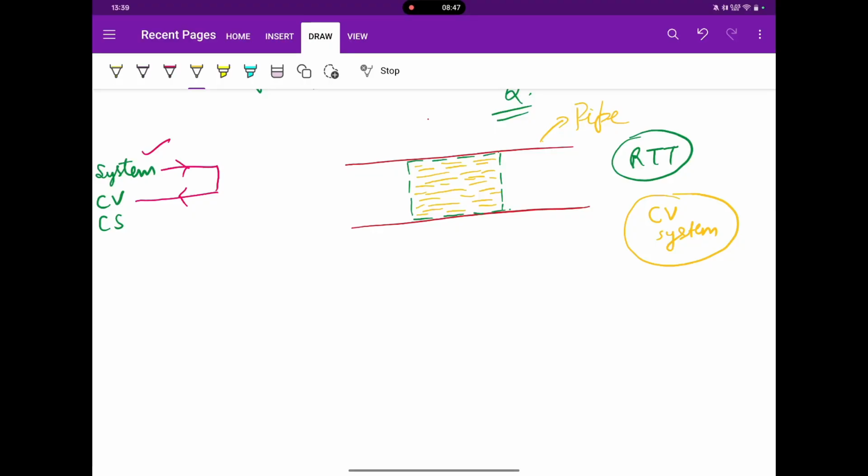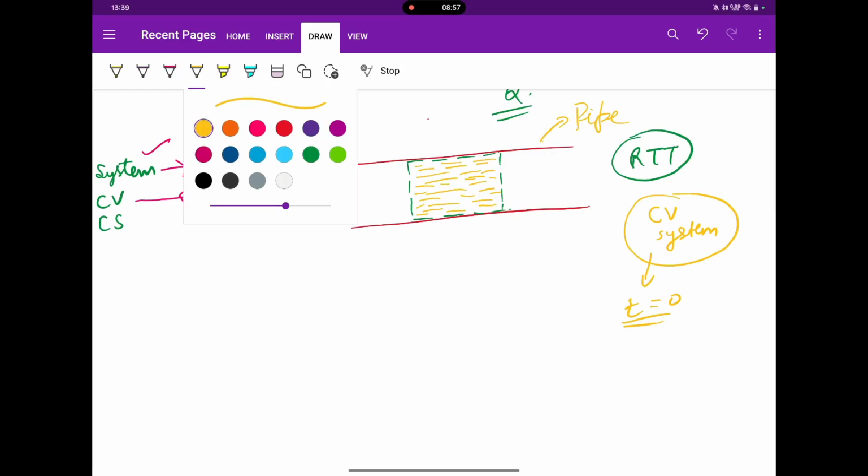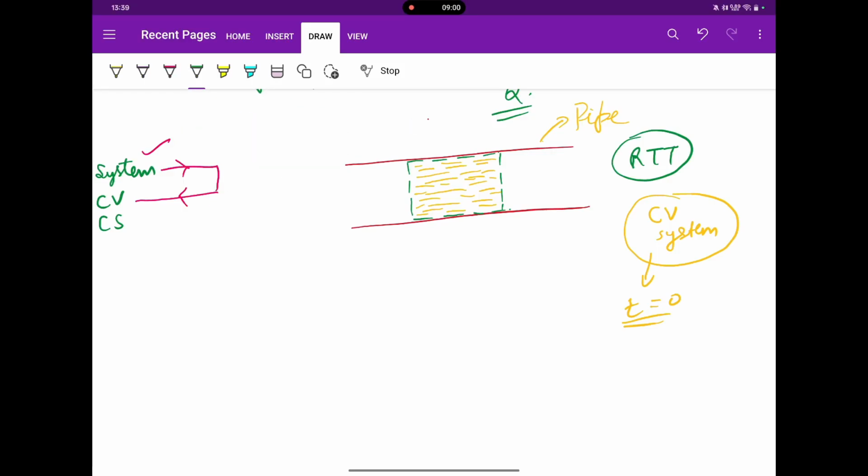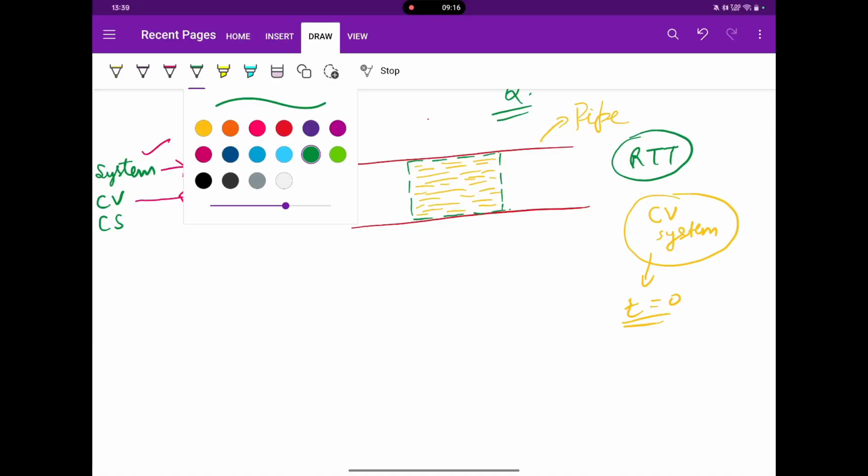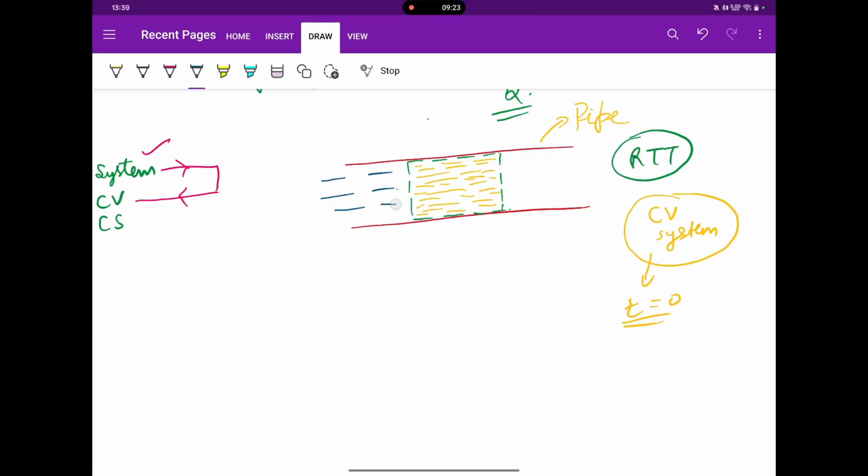Control volume and system are coincident at t equal to 0. Let's say the fluid inside this control volume and system at t equal to 0 is colored with a yellow dye, but the remaining fluid is of this color. Now system and control volume at t equal to 0 are coinciding.